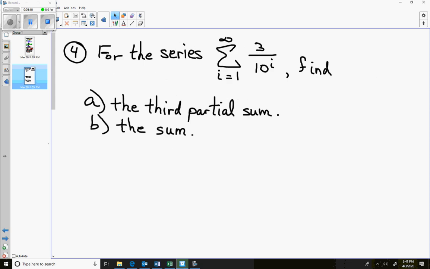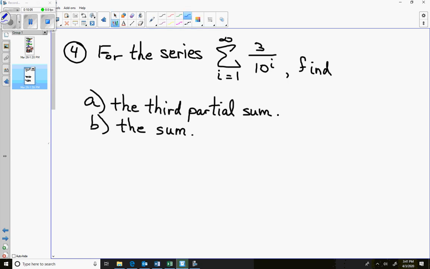All right, so number 4. For the series, the summation from i equals 1 to infinity of 3 over 10 to the power of i, we want to find the third partial sum and then we want to find the actual sum.